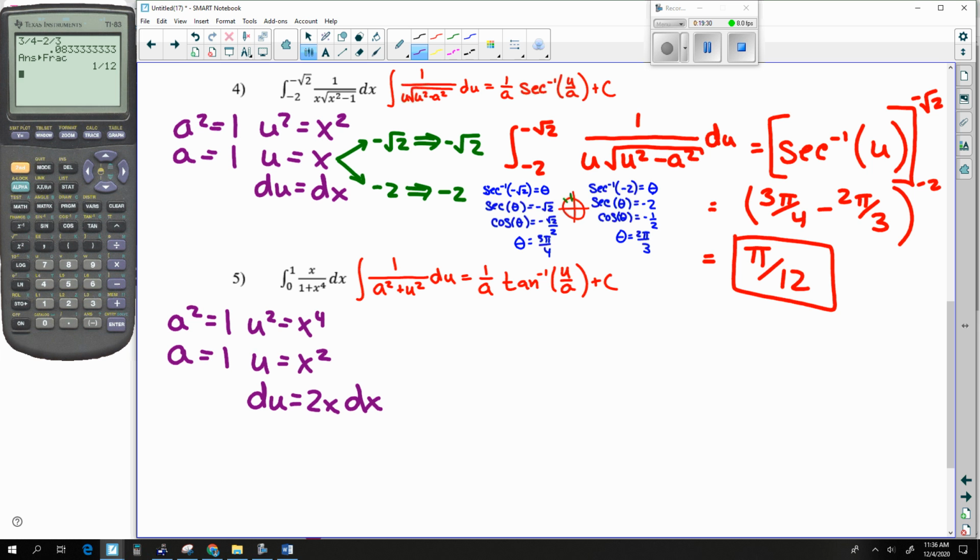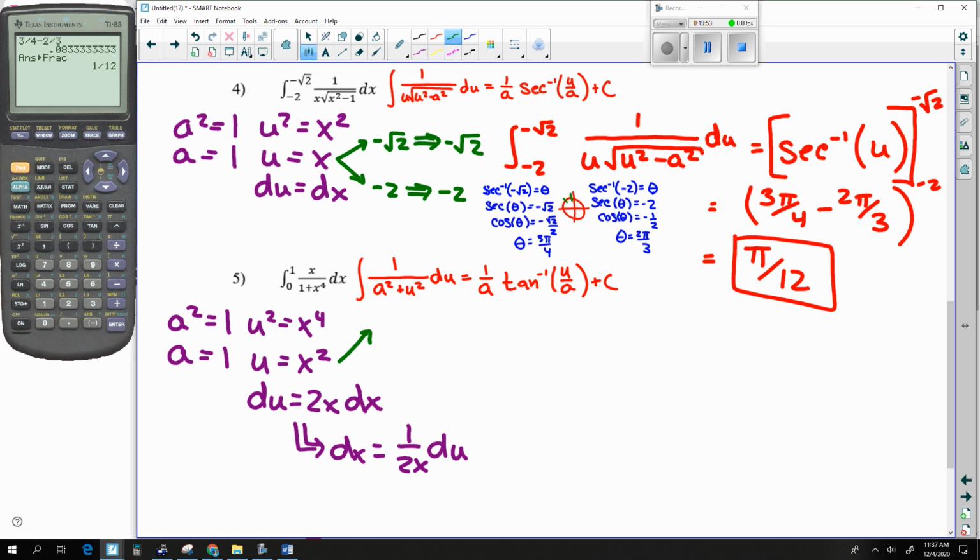Okay, there is some funny business going on here. So I'm going to manipulate this, and I see that dx is equal to 1 over 2x du. I don't think I have to manipulate the x into some version of u. I think this will take care of everything I need to take care of.